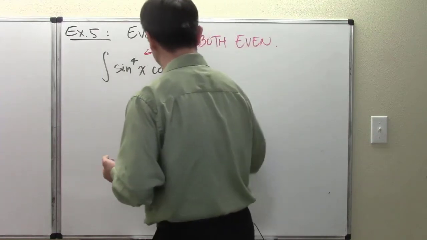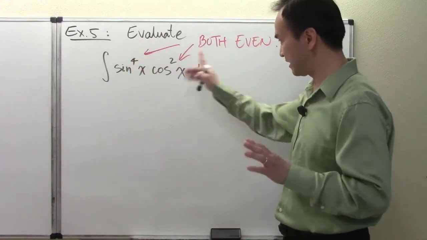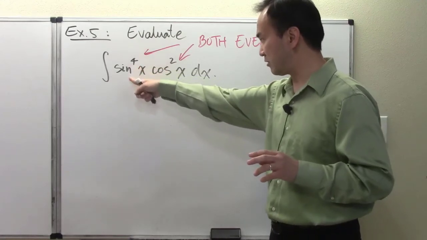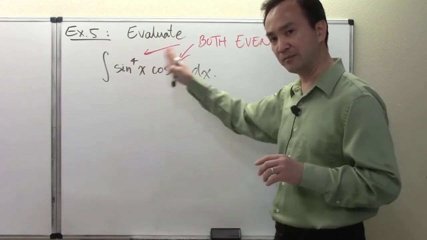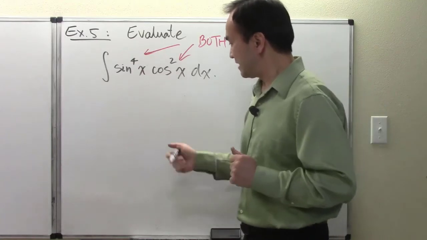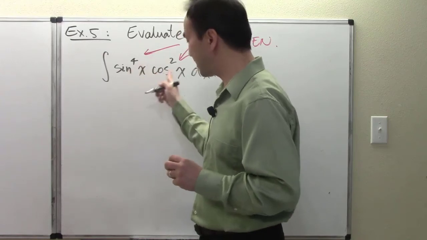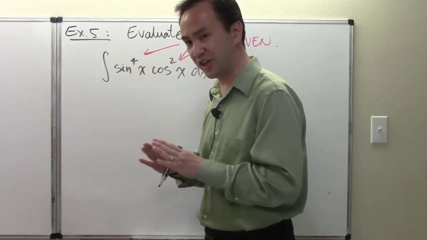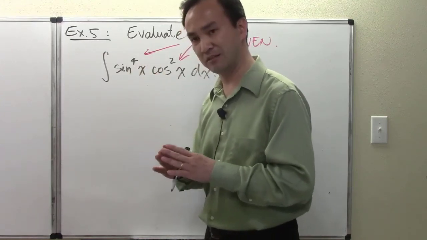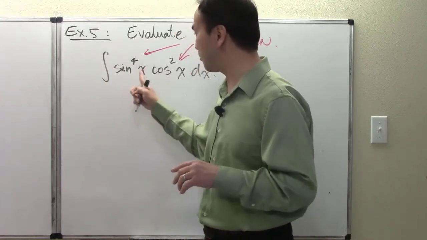Now allow me to get into how we start. So keep in mind again, the power on the sine and the power on the cosine are both even. Because they're both even, whichever approach I'm about to introduce here can be applied to either one of them.